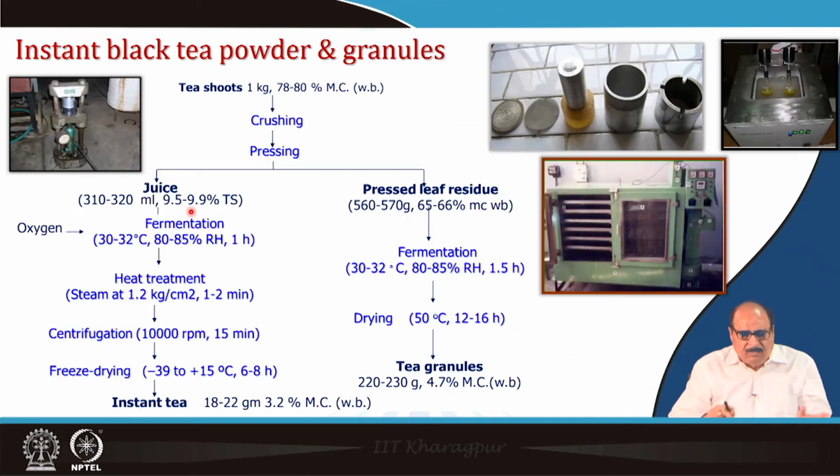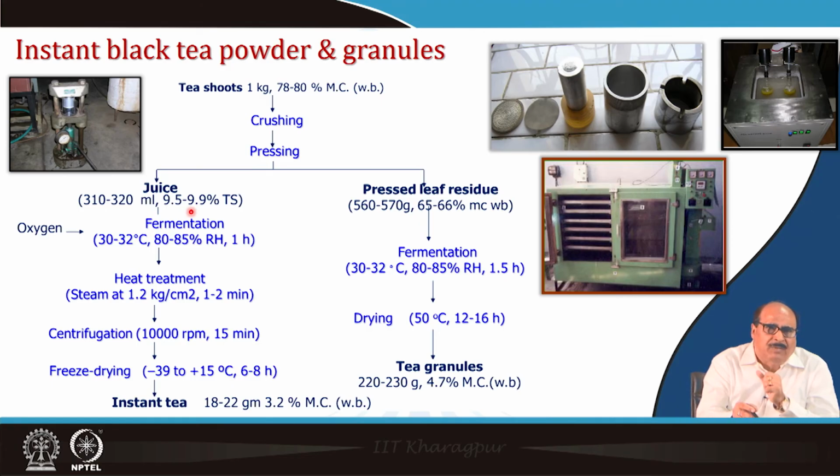To avoid that, at our institute we have developed and patented a process technology for making instant green tea powder as well as granules, and instant black tea powders and granules. For the black tea process, we took green shoots after they are plucked from the field, then crushed and pressed them, and this pressing process we have optimized.